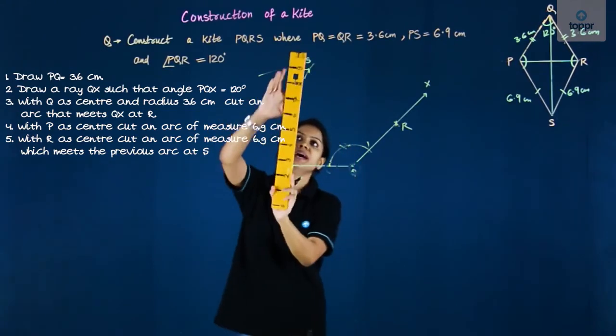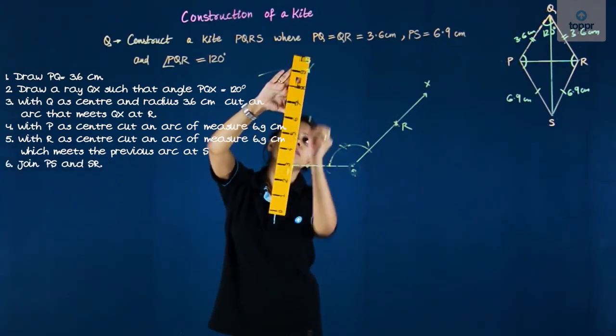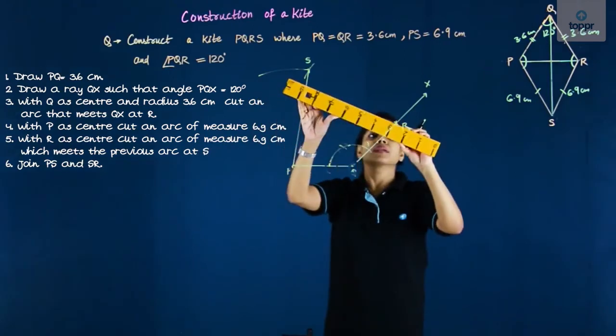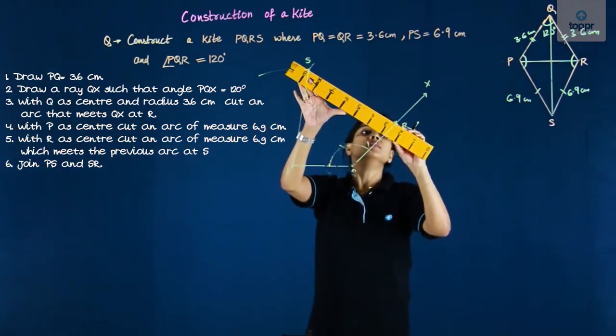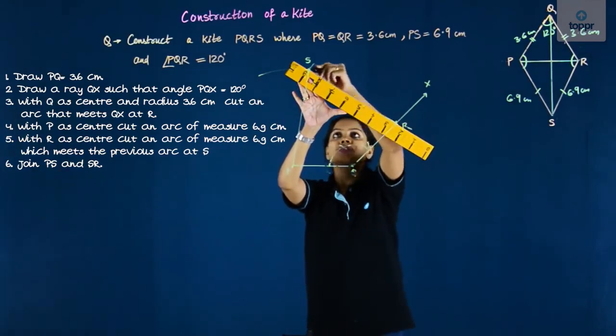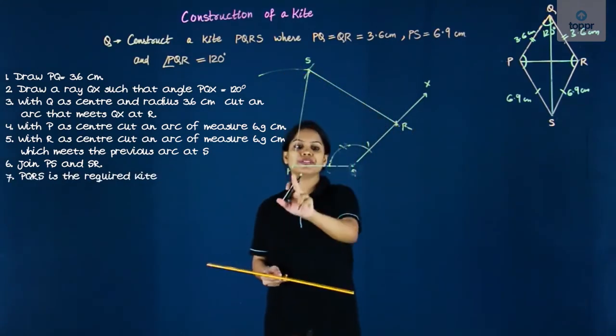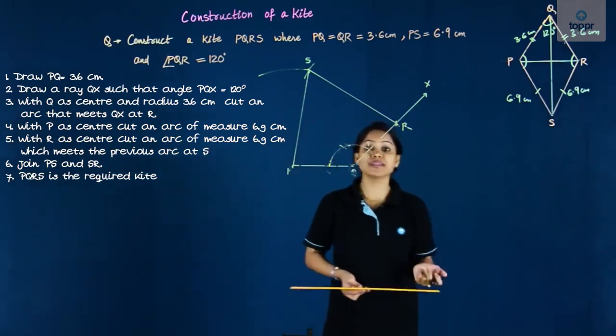This is S and we join PS and RS. So what you have here, PQRS, is a kite.